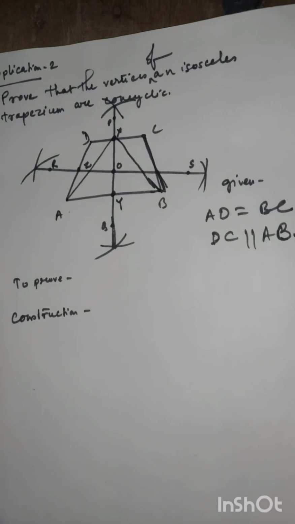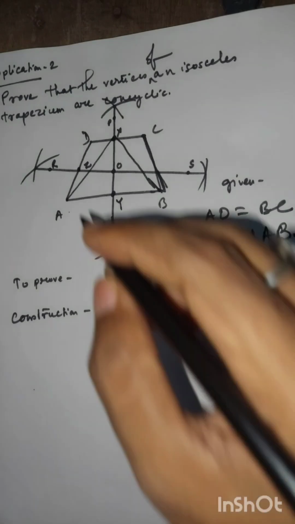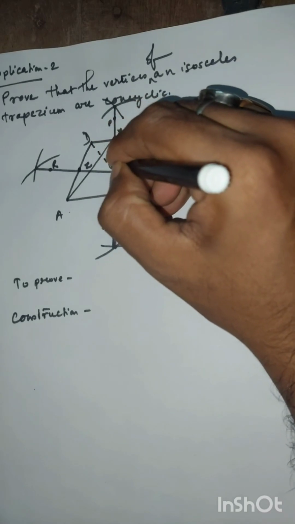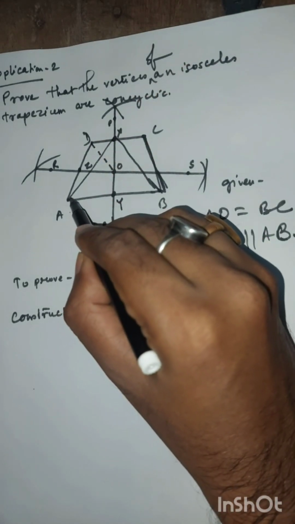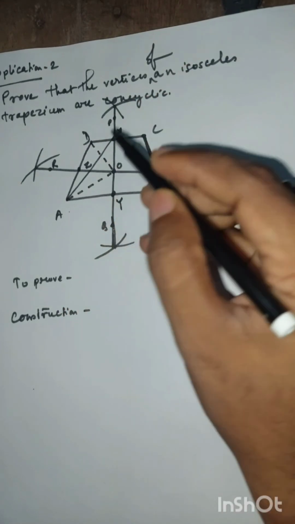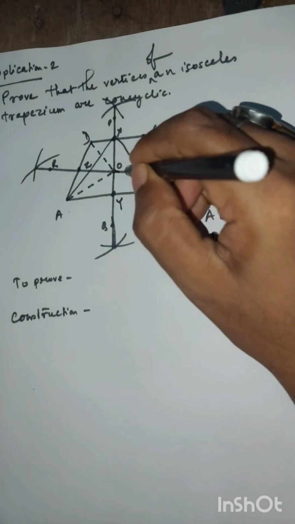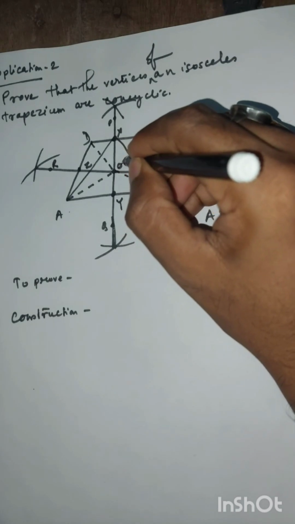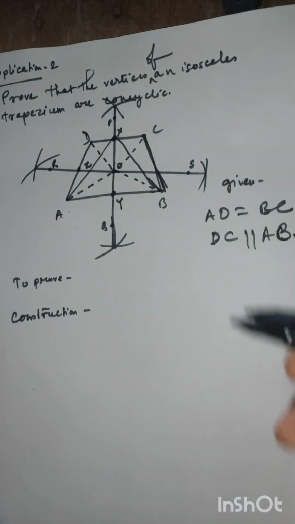Second step, joining AX and BX. Third step, now we are joining the points OD, OC, OA and OB with dotted lines. Okay, done.